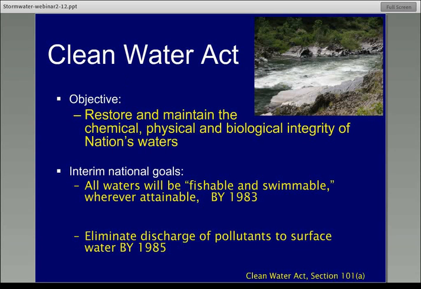Okay. So what I do want to do, moving into the details of the stormwater program, really requires that, since some of us weren't on the line last week with the basic NPDES program, just the basic understanding that at the heart of the Clean Water Act is the primary objective of restoring and maintaining the chemical, physical, and biological integrity of our waters.